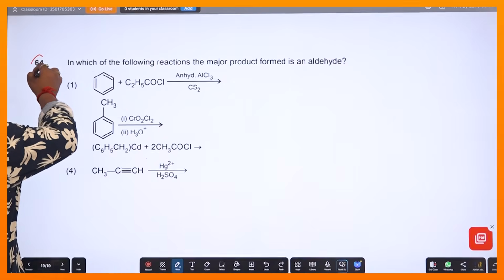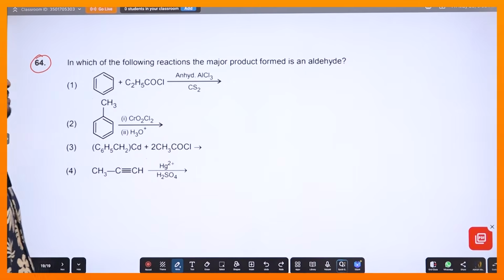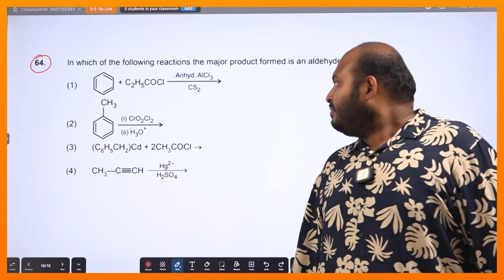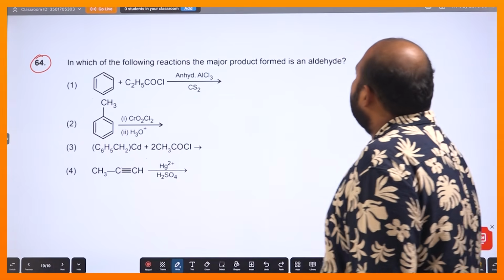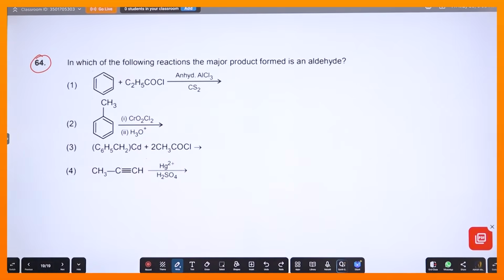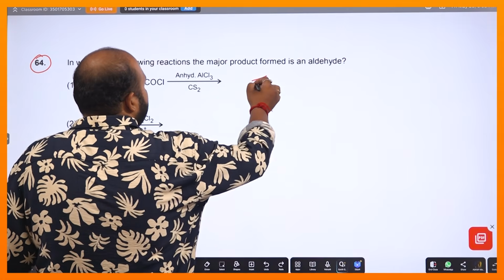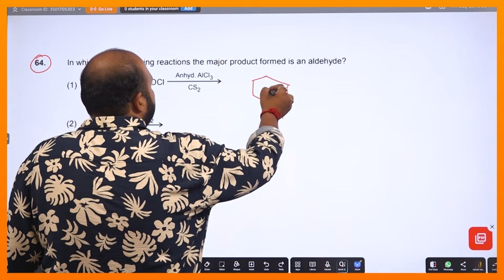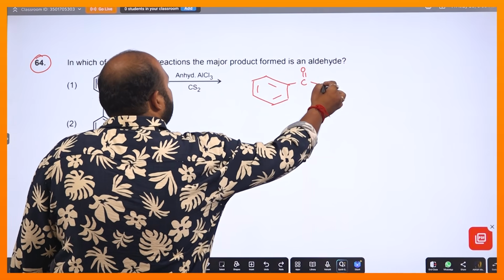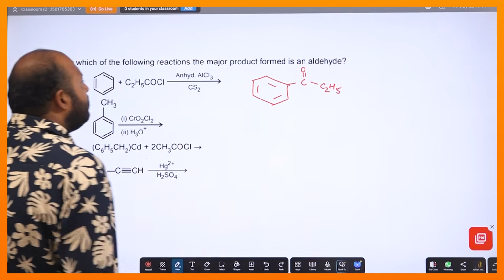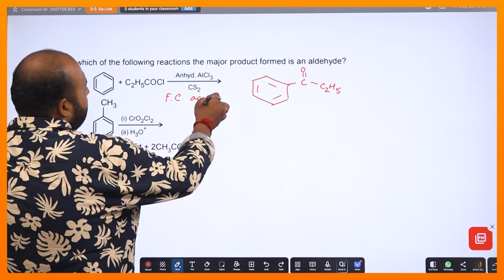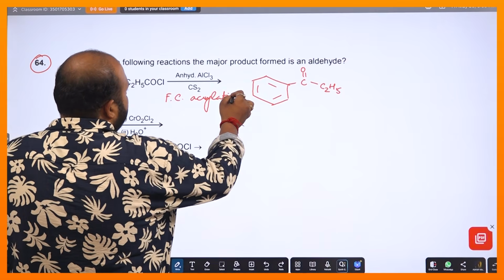So next we come to question number 64. In which of the following reactions the major product formed is an aldehyde? In the first reaction, you can see the product which will be formed looks like this. This is an example of Friedel-Crafts acylation.